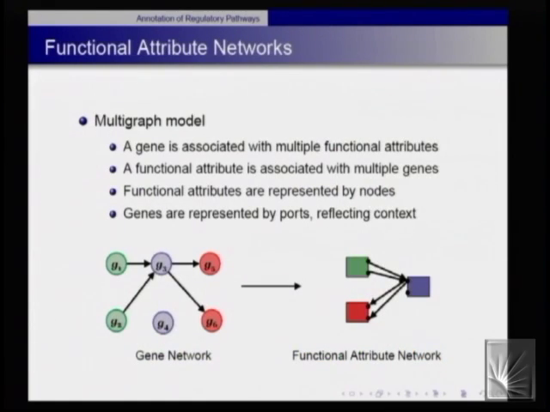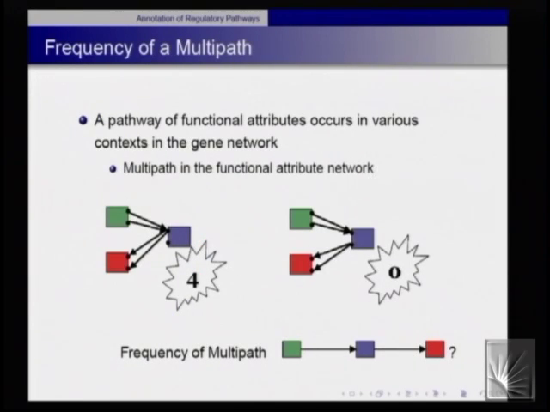For this, we proposed a multi-graph model where you have genes as ports on the nodes. The nodes represent the functions or processes, and the edges represent genetic interactions where the genes are represented by ports here. As it is a multi-graph, a path or an edge occurs multiple times.